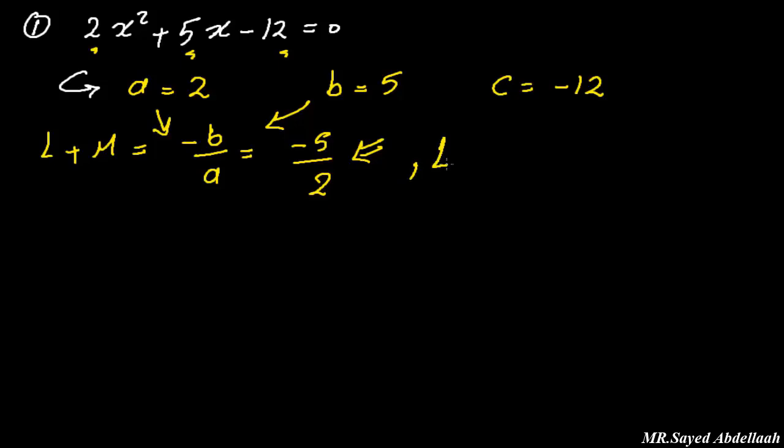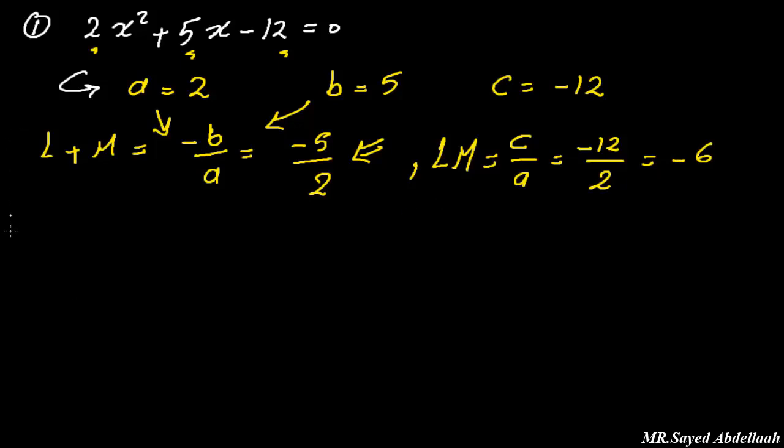Second, the product of two roots, L times M, equals the absolute term c divided by the coefficient of x², which is a. c is equal to negative 12 and a is equal to 2. By simplifying, negative 12 divided by 2 equals negative 6. Okay, this is the first example.